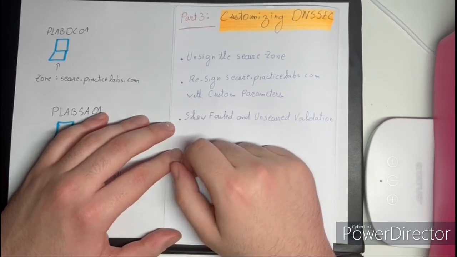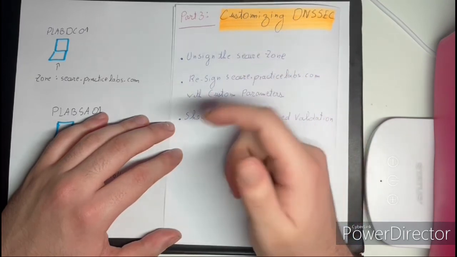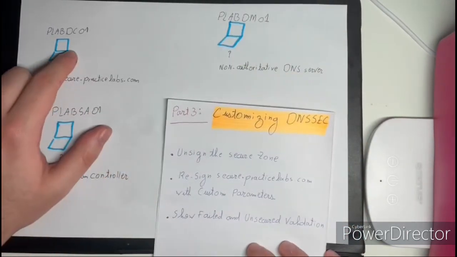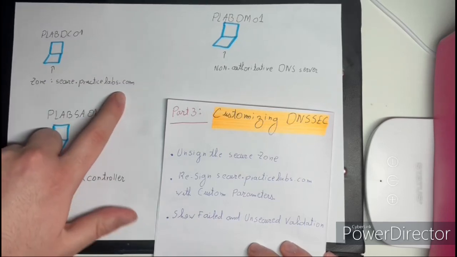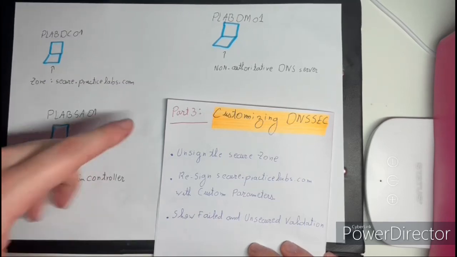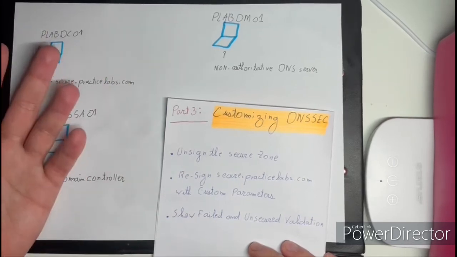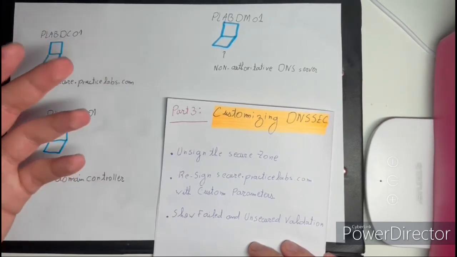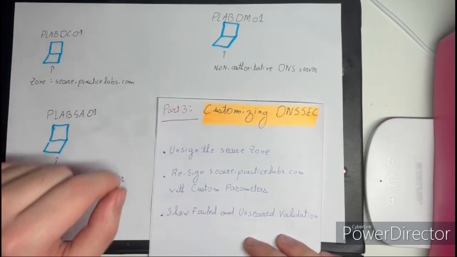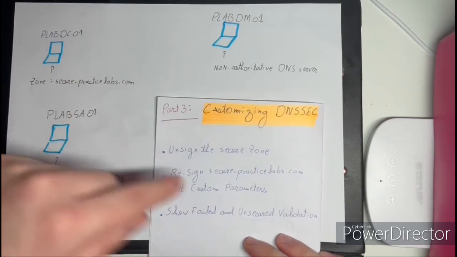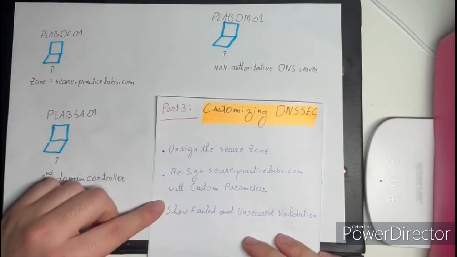For example, a change in the security key on plub DC01, which hosts securepracticelabs.com, will create a mismatch among the DNS servers that hold a copy of the trust anchor key. Therefore, the new security key needs to be updated on all servers to enable validation.